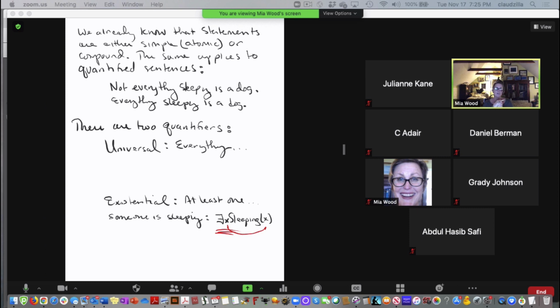Now suppose that you say to me, Mia, will you stop anthropomorphizing the dog? Specify, you've got a dog there, you've got a cat there, right? What is sleeping? And I'll say, oh, okay, fine, I'll specify that what's sleeping is a dog, right? So I'll say, some dogs are sleeping. And now we've got to deal with two predicates. Why? Because remember, we've got the stuffy stuff of the universe, right?